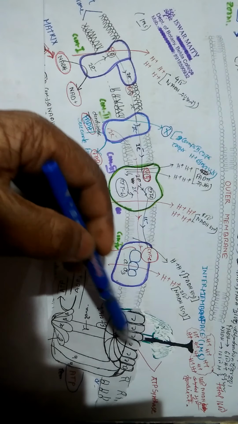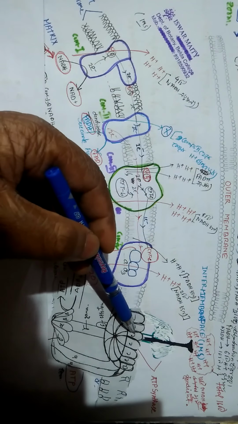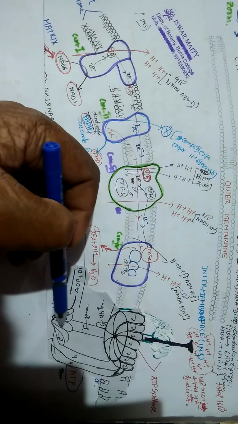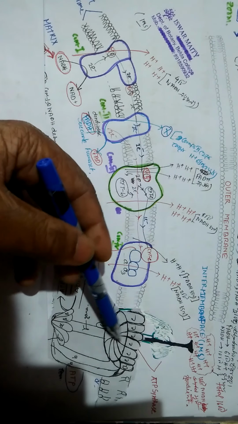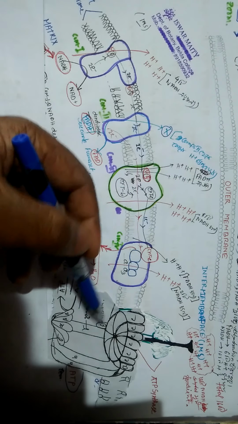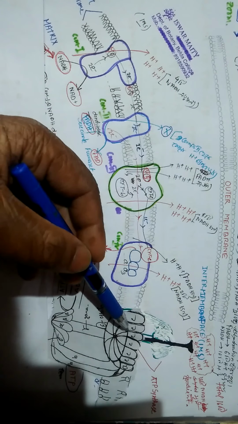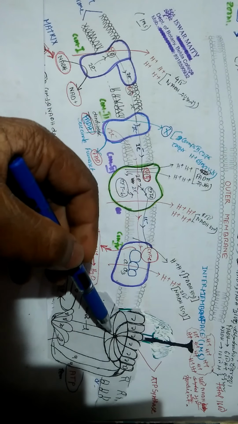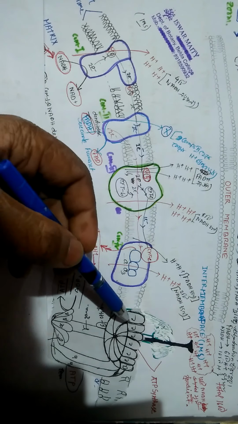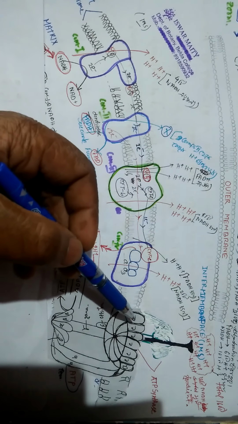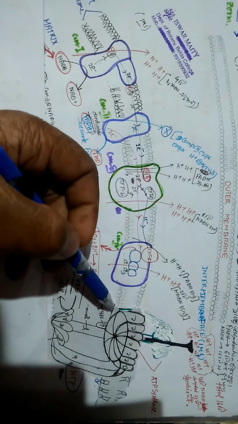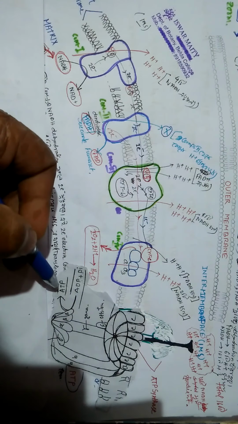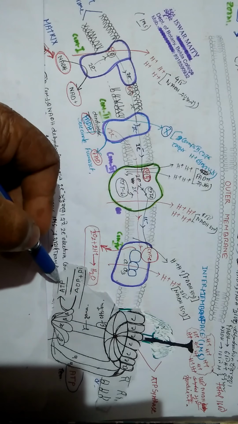During this coming process, when the H plus ions or proton gradient move from the IMS side to the matrix side through the ATP synthase, then a proton motive force is introduced. This proton motive force helps to bind the ADP with the Pi and produce the ATP.